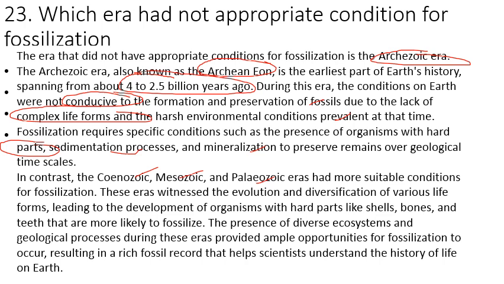In contrast to this, we have eras like Cenozoic era, Mesozoic era, and Paleozoic era, and these eras had more suitable conditions for fossilization and witnessed the evolution and diversification of various life forms, leading to development of organisms with hard parts like shells, bones, teeth, more likely to be fossilized. So presence of diverse ecosystems and geological processes during these eras provided ample opportunities for fossilization to occur, resulting in rich fossil record that helps scientists understand the history of life on Earth.